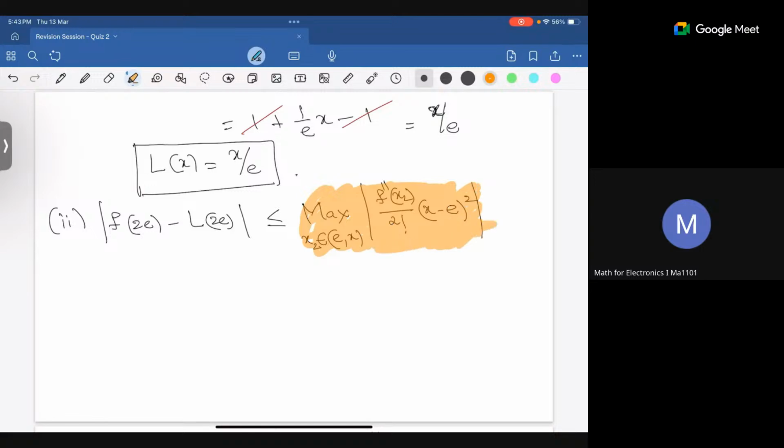So I have to get x2 and I should also get x.